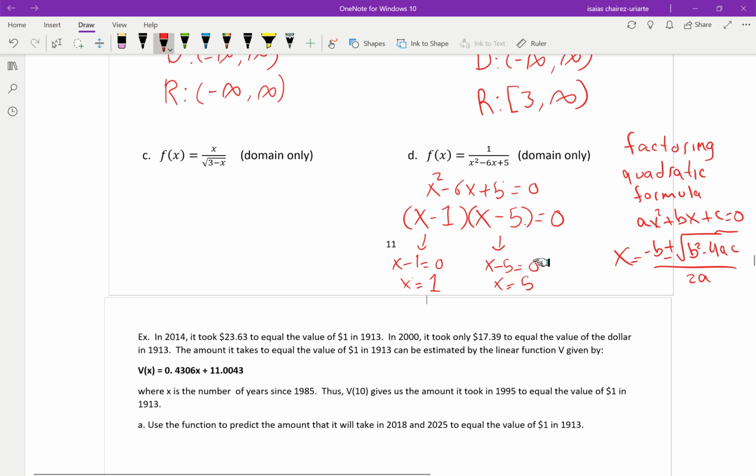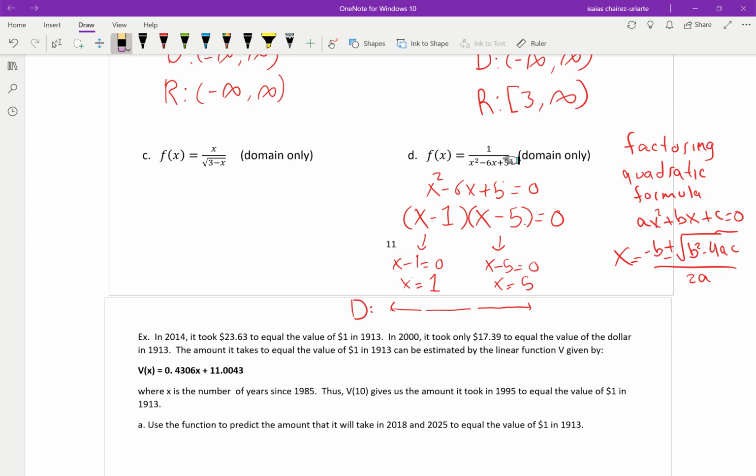So right now I have found the x values that make the denominator 0. We do not want those. So the domain is going to be everything except for these x values. Let's see if we can visualize the domain first graphically.